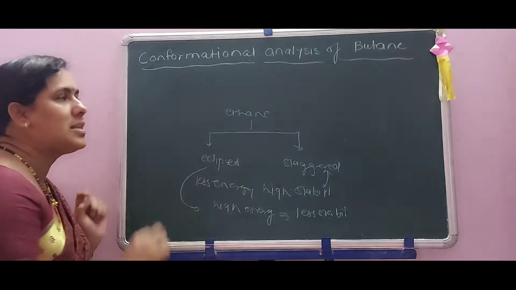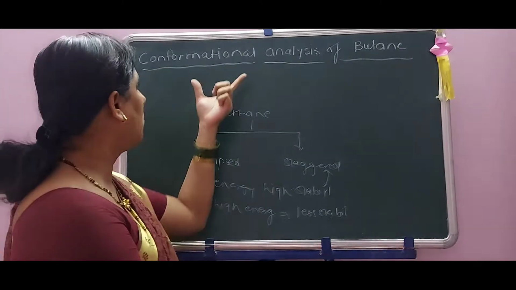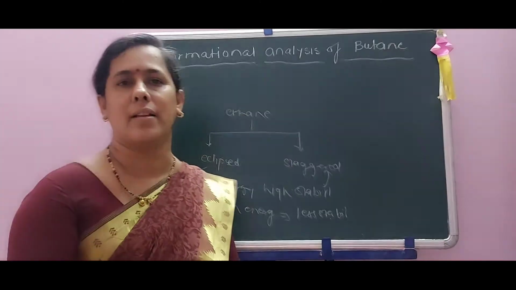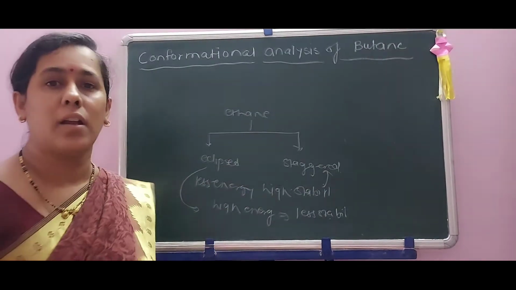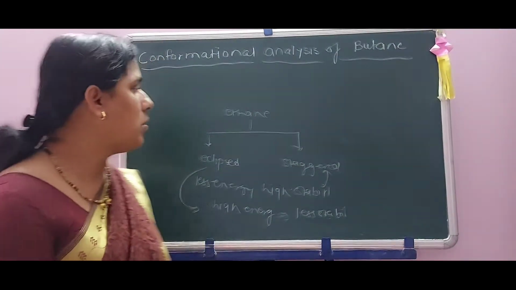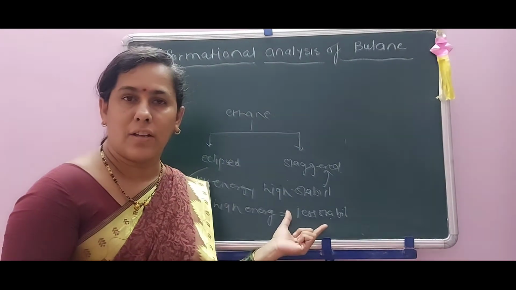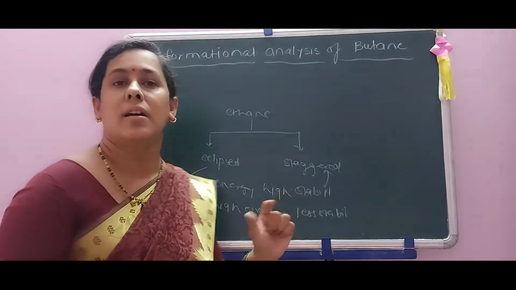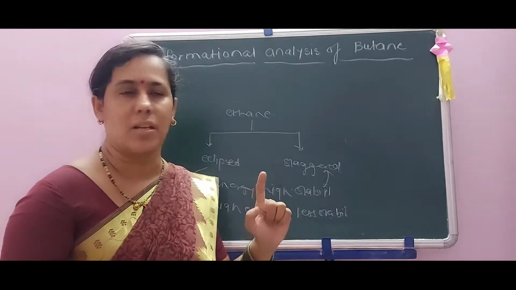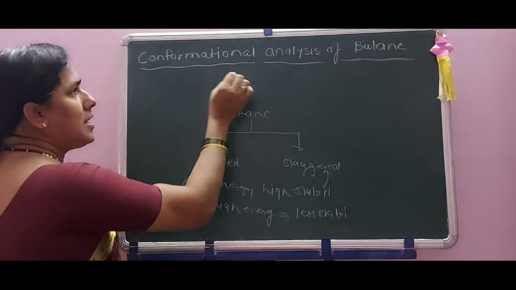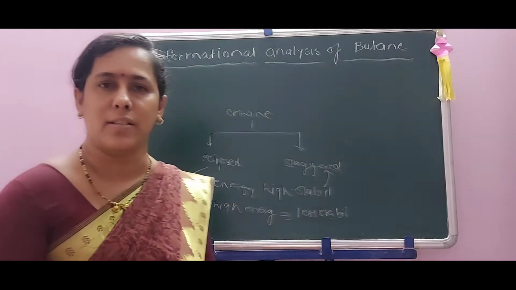Now in this sequence we have to explain conformational analysis of butane, but the cases of ethane and butane are two different ones. But by using the potential energy diagram versus the dihedral angle of 0 to 360 degrees, we can explain the conformational analysis of butane.